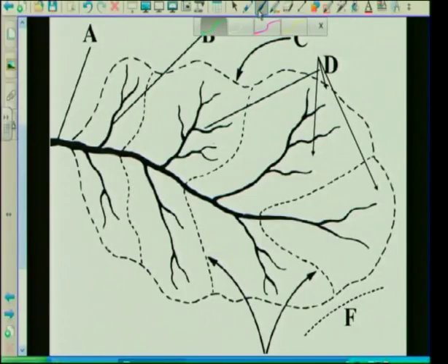If we look at the diagram on the screen, I'm going to highlight the drainage basin for you. Okay, so this dotted perimeter over here, as I run my pen through it, all the way around, coming this side.